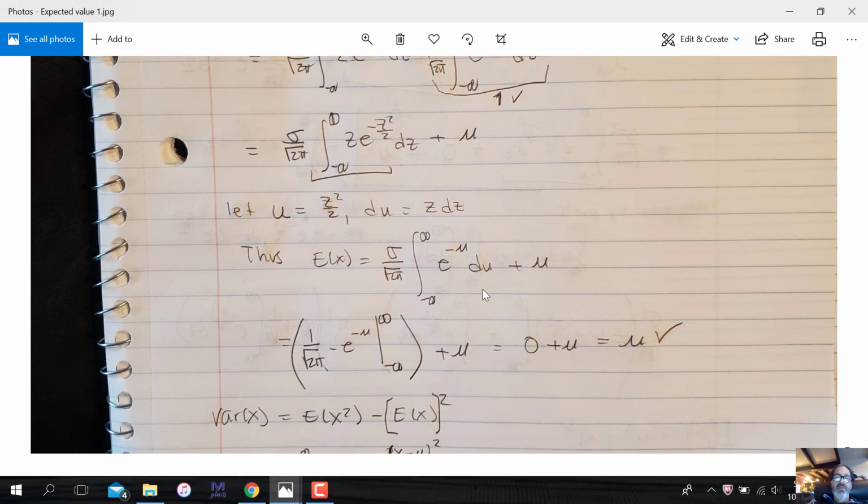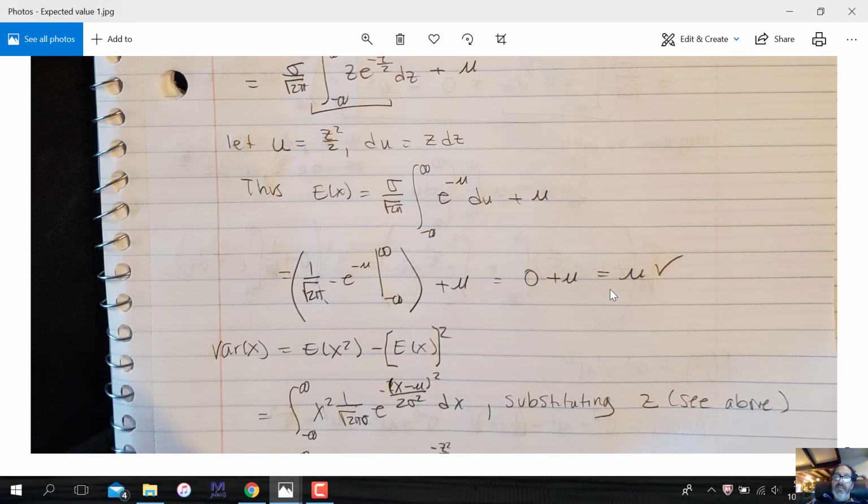And if we work out this integral, it's basically going to be 0, because this is the same as 1 over e to the mu, and as mu gets closer and closer to infinity, this whole ratio is going to approach 0, so we're going to get 0. So we get 0 plus mu is equal to mu, and therefore we found that the expected value of this normal distribution is mu.